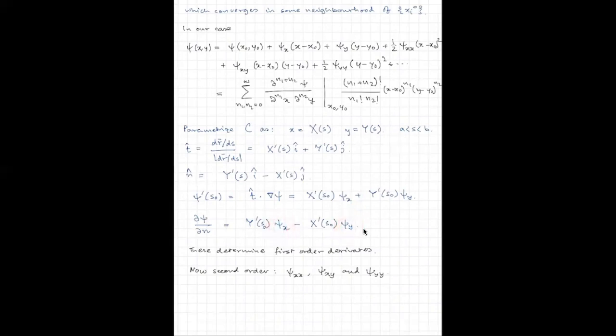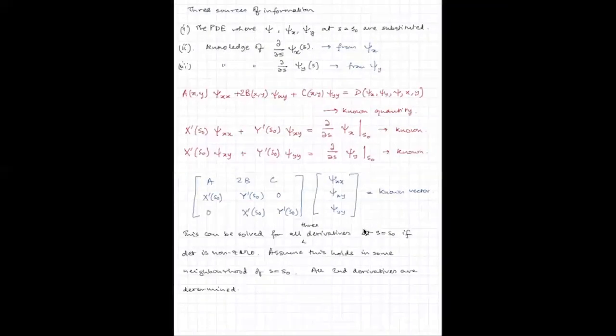And then what we wanted to do is we wanted to move on and find out what the second order derivatives are. What are the things that we used out here? We used the PDE, and where you plug in s equal to s naught, and you find out what.